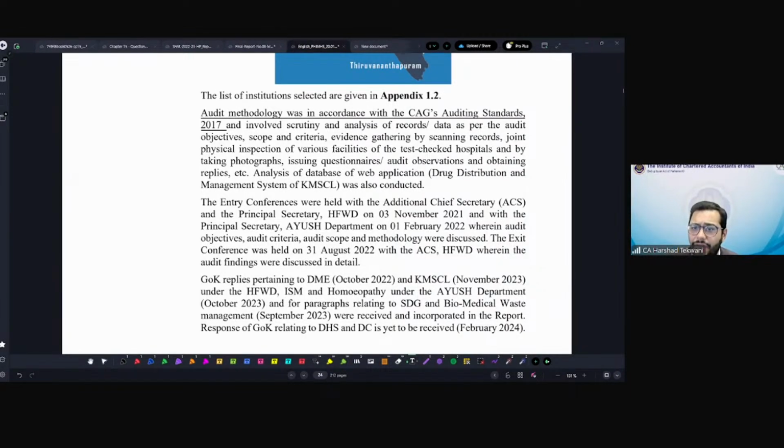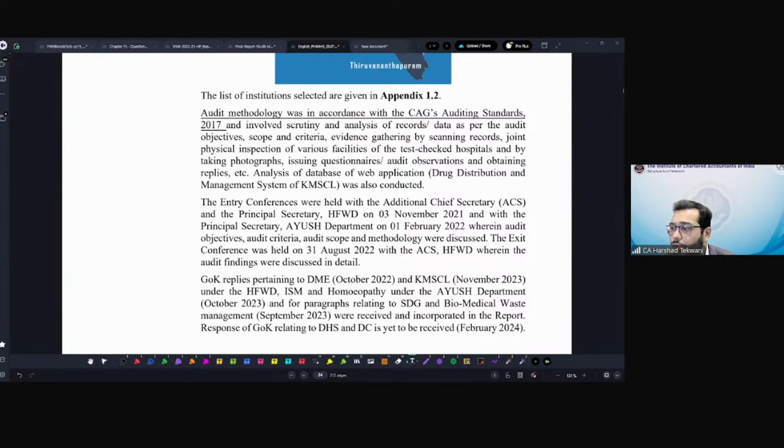Is it something different from what we have seen? Understand one thing. They might have a different audit manual, but the concepts are the same. The structure might be different, but the concept is similar to what we have seen.